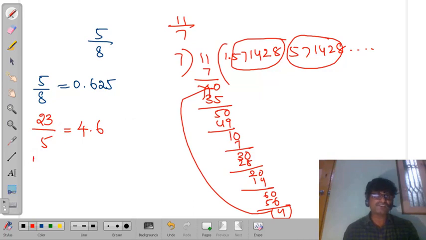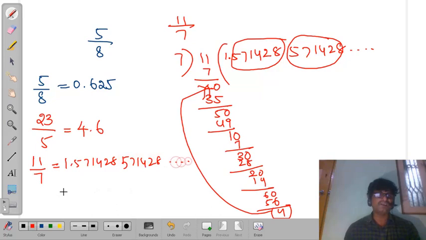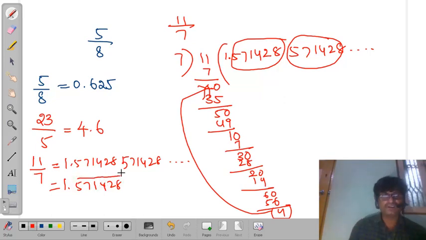So we can write 11 by 7 equal to 1.571428 and so on. This can be written symbolically as 1.5 with 71428 under the bar. All these digits we have to write under the bar. So this block of digits is getting repeated when we do 11 by 7.